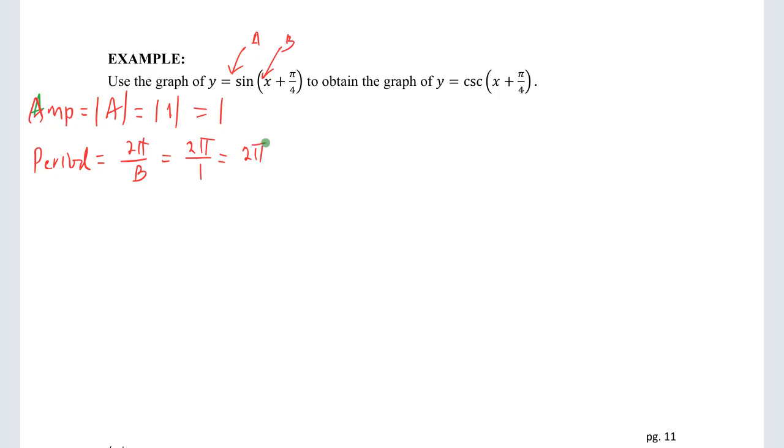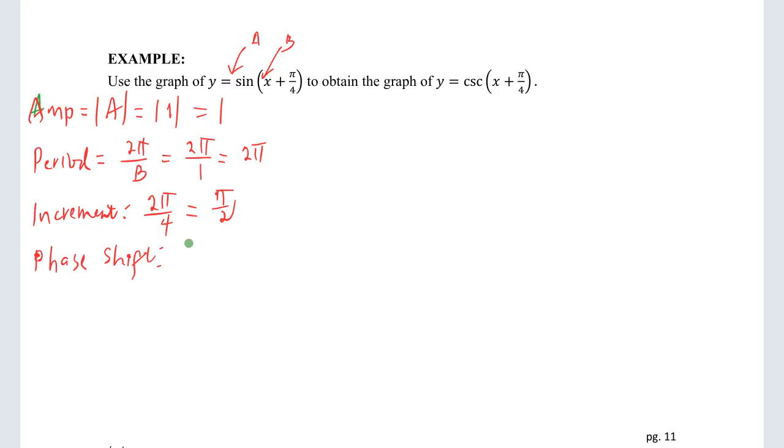Since we have the period, we now move on with the increment. That is 2 pi divided by 4, the period divided by 4, which gives you pi over 2. Next is the phase shift.